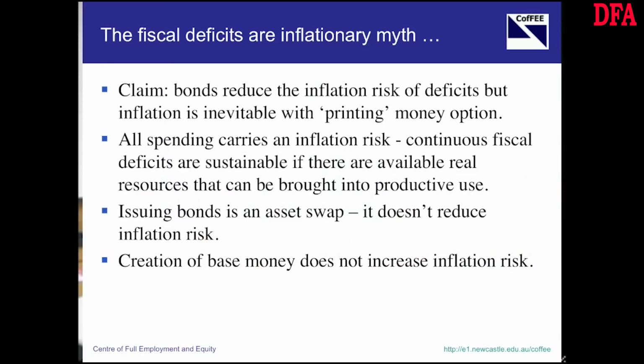And so therefore you know what the limits of government spending are. It's to bring all idle resources into productive use, and no more and no less. And a continuous deficit will not be inflationary if it maintains that proportional relationship between spending and productive capacity.